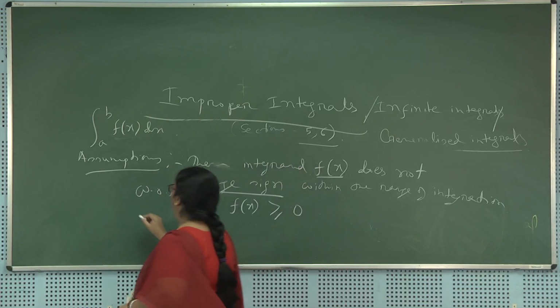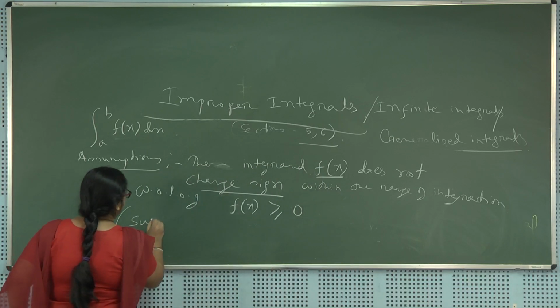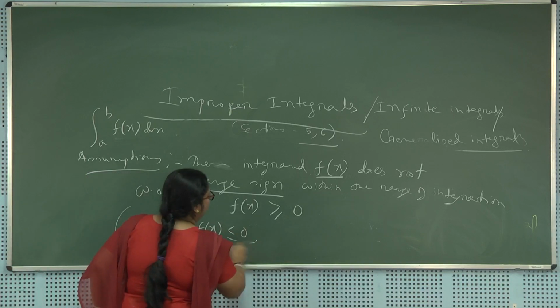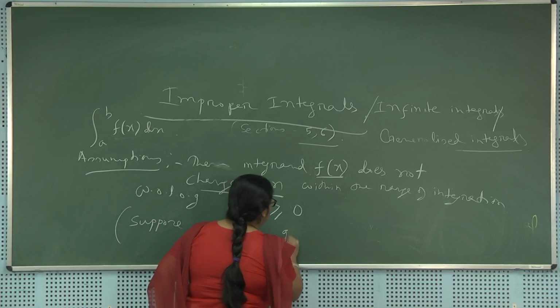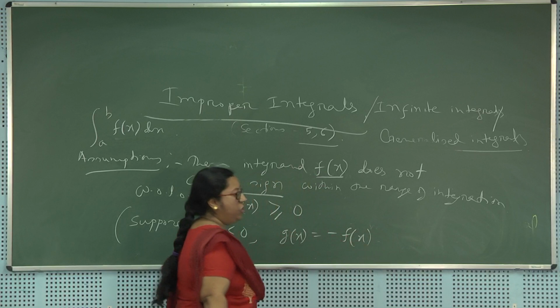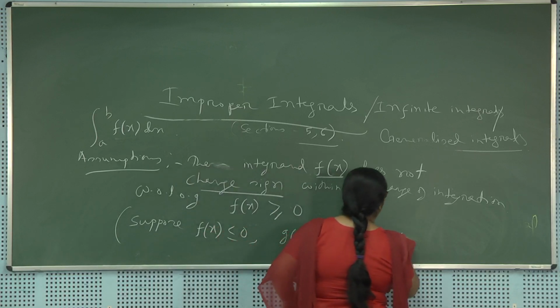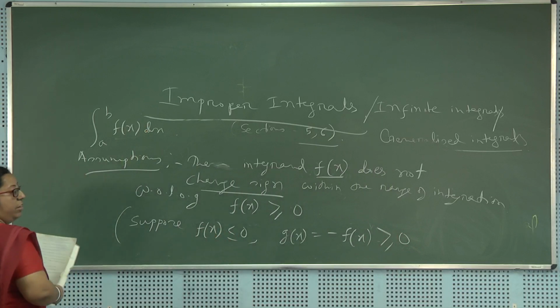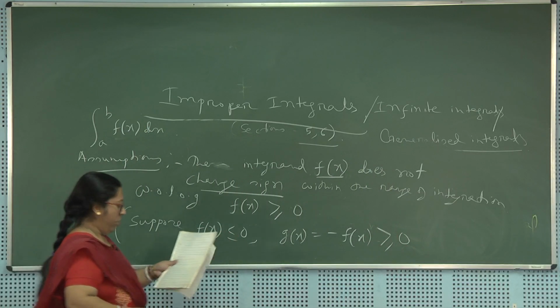Suppose f x is less than or equal to 0, then we define a new function g x as minus f x, so that g x is greater than or equal to 0 throughout the range of integration, and we can start the theorems and everything. Clear?